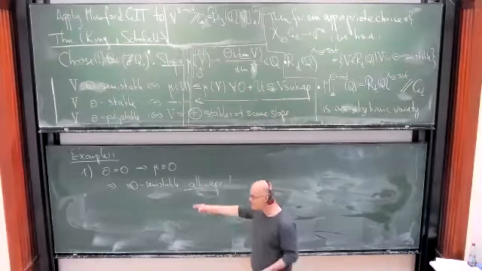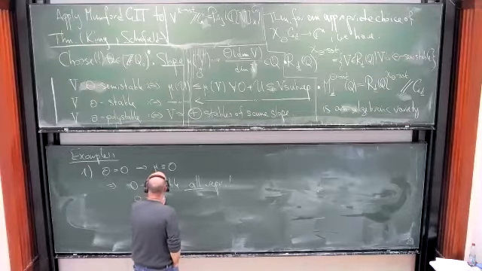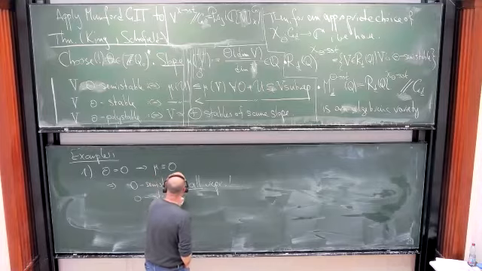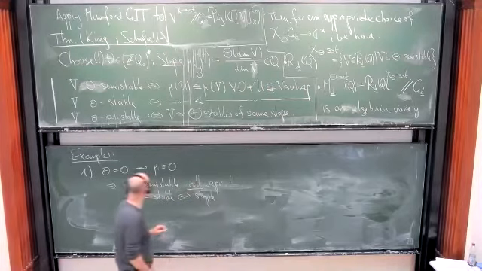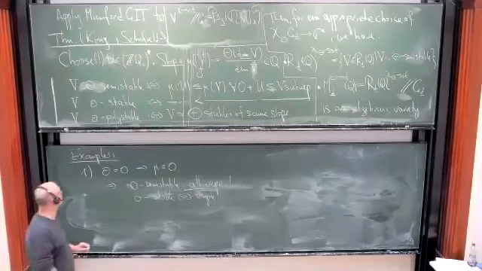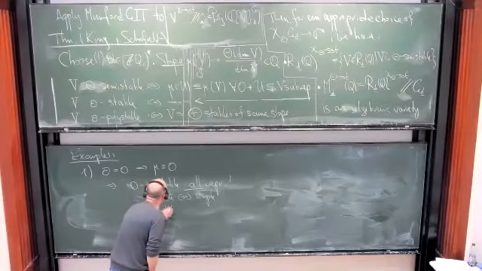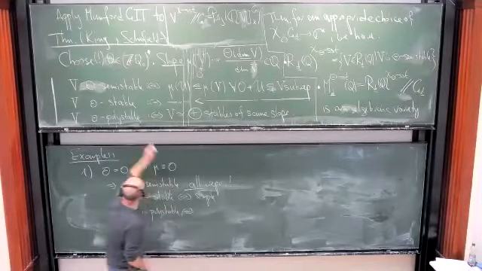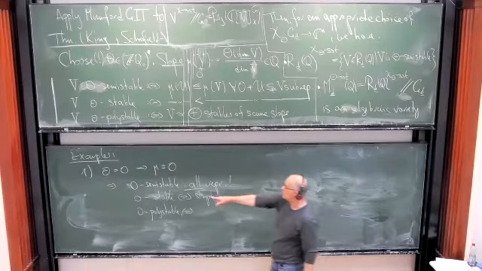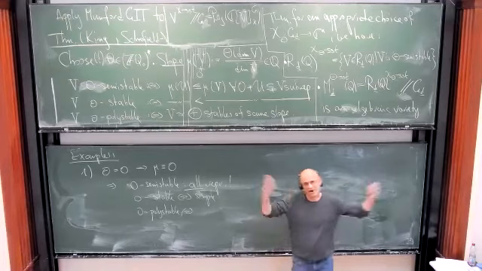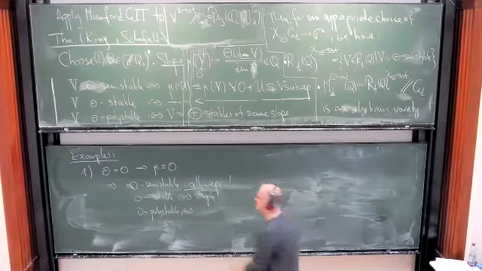So 0 stable means simple. Zero stable representations are the simple representations. And then we know what 0 polystable is. A polystable is a direct sum of stables of the same slope. The stables are the simples, and they are all of slope 0. So a polystable is nothing else than a semi-simple representation.